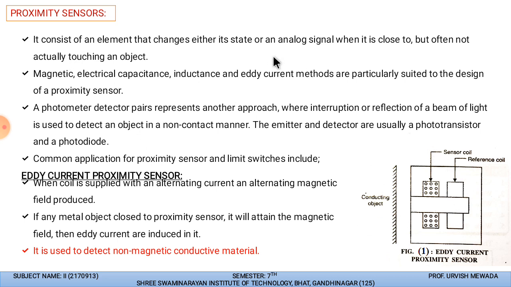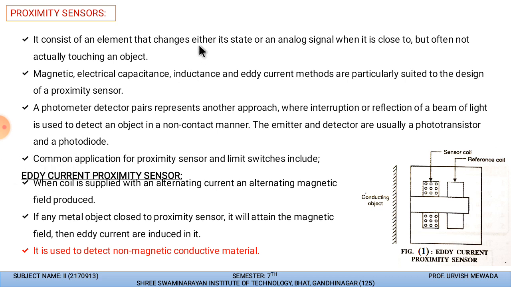Basically it consists of an element that changes either its state or its analog signal when it is close to, but often not actually touching, an object.